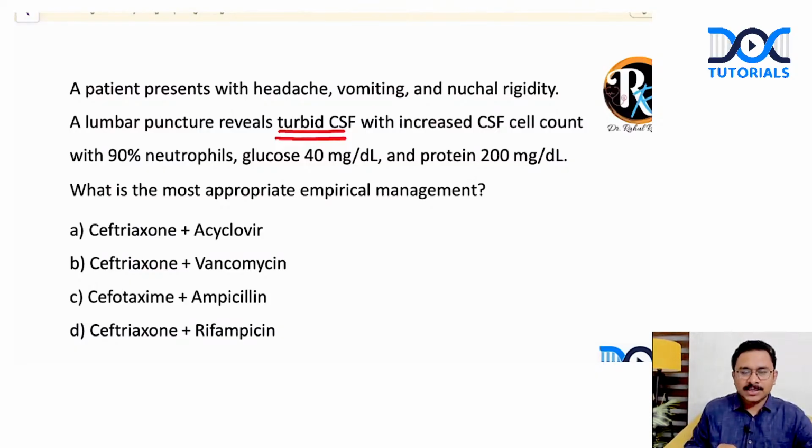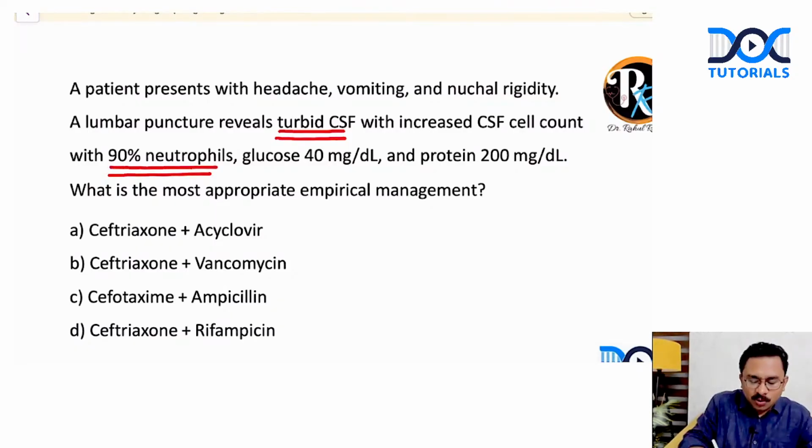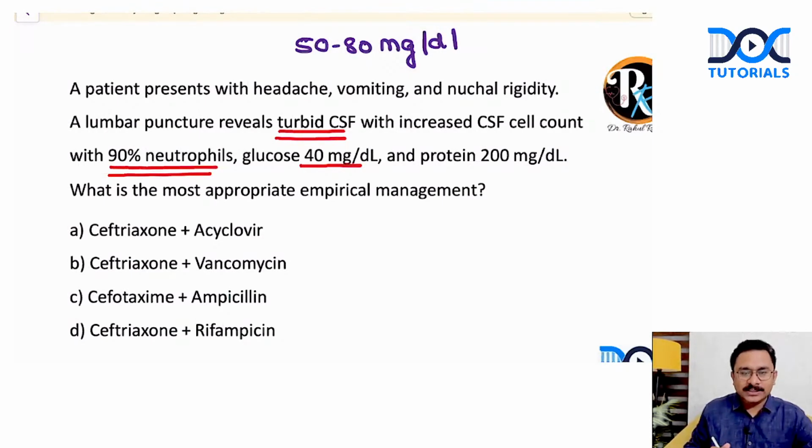Bacterial meningitis. And what are the findings in CSF? 90% neutrophils. So when you get a neutrophil predominant pleocytosis, are you thinking about bacterial, tubercular, or viral? It is bacterial. What about the glucose? The normal CSF glucose level is 50 to 80 milligram per deciliter. What about this patient? There is a decrease in the glucose levels, right?